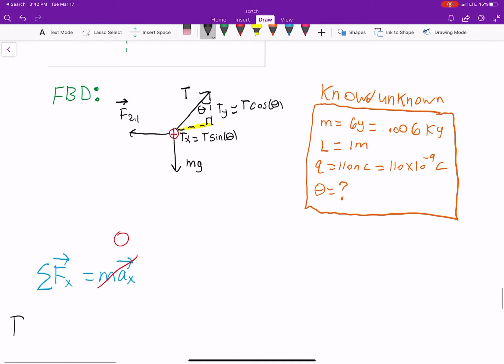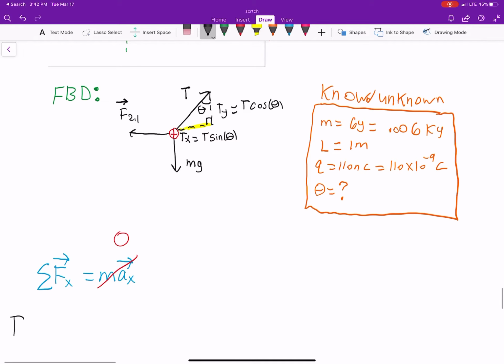It's to the left of our origin. So minus the force of 2 onto 1 equals 0. Or T sine of theta is equal to force 2 onto 1.